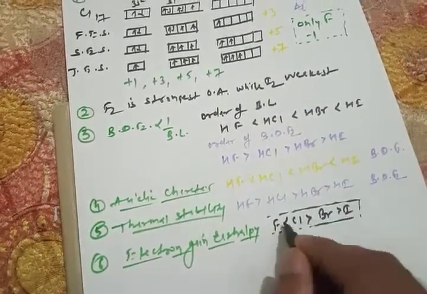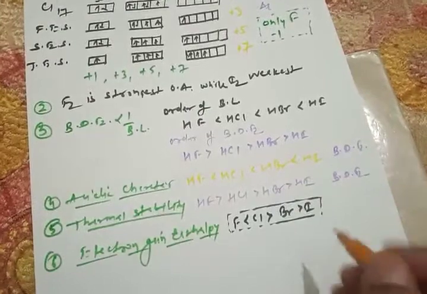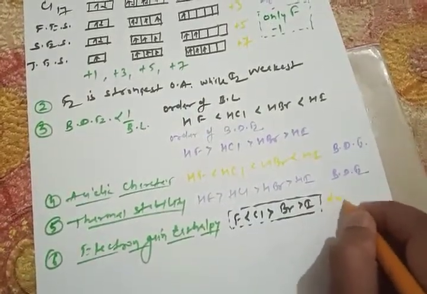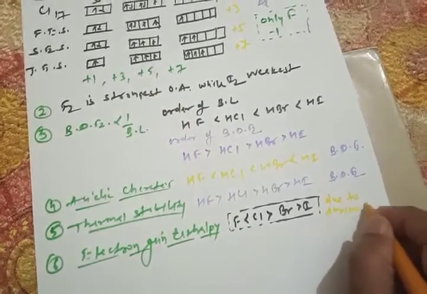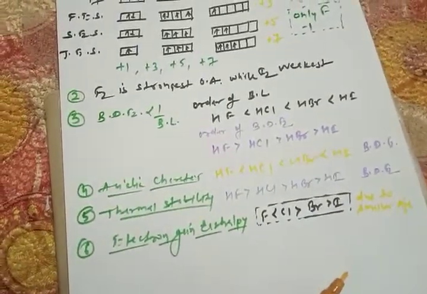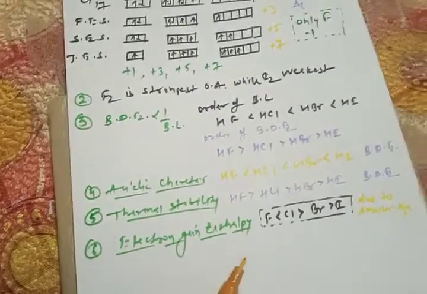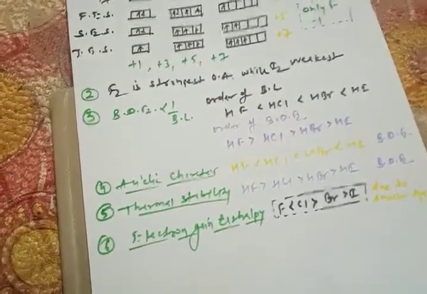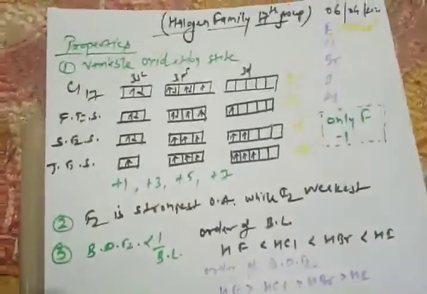Chlorine has the strongest electron gain enthalpy, and the reason is the smaller size of fluorine. It is not in the traditional manner. So these are the different properties of halogens.